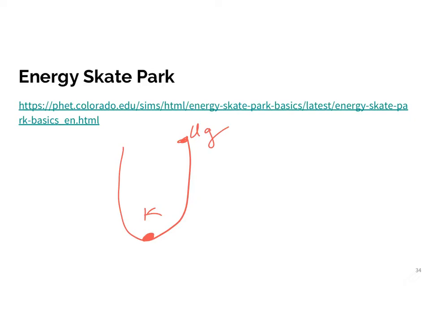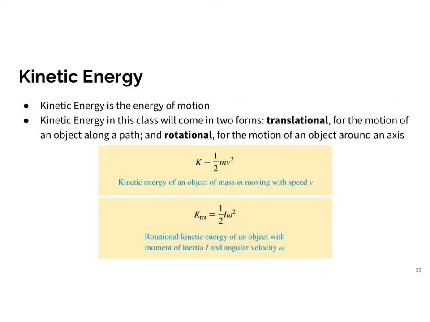This is where he's got the largest velocity, and up at the top of the ramp is where he has zero velocity, and that's why he changes direction and goes back down. So we can see that fluctuation a lot between potential energy and kinetic energy, and we'll see that a lot throughout this unit. But kinetic energy itself is the energy of motion, which we talked about.